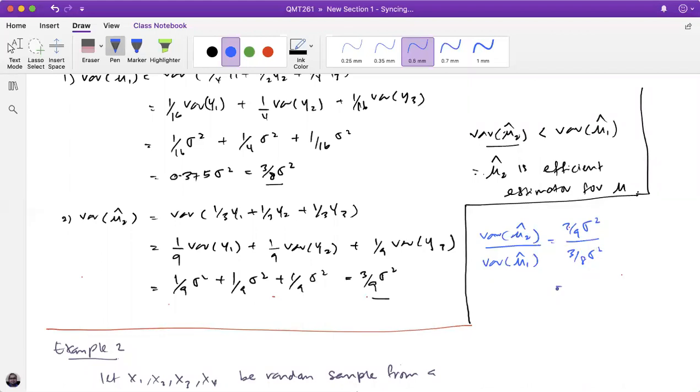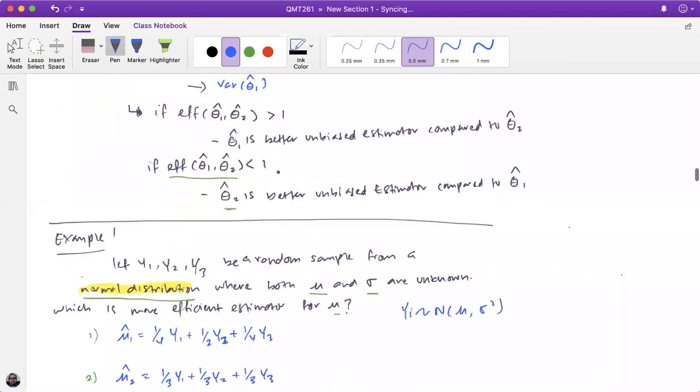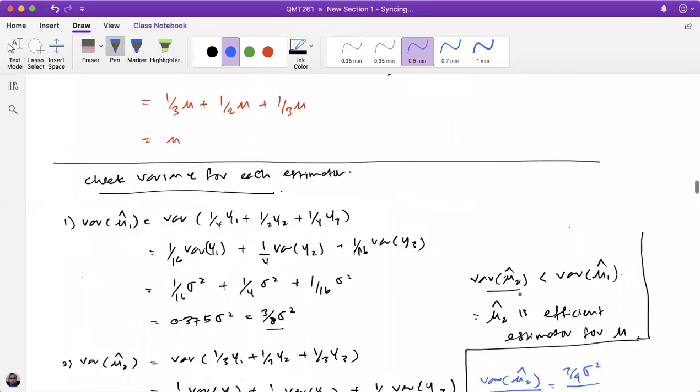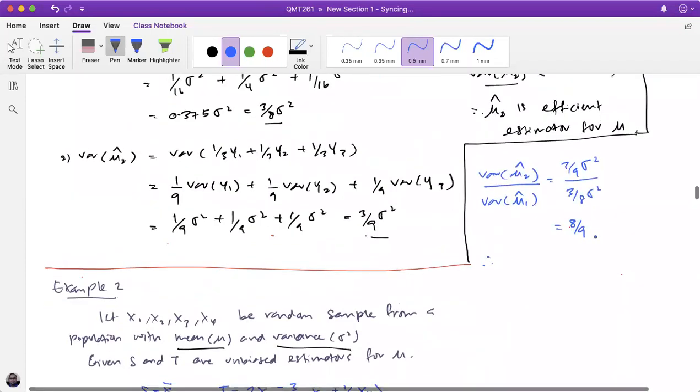So what is the value here? 8/9. 8/9 is less than 1 kan? Yes, sir. If the efficiency is less than 1, then the numerator is the better unbiased estimator. So we can say the same conclusion lah.